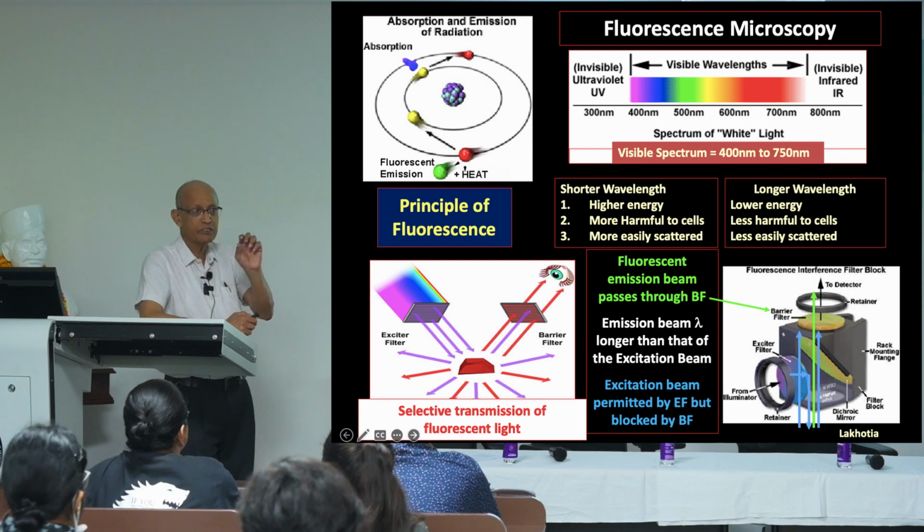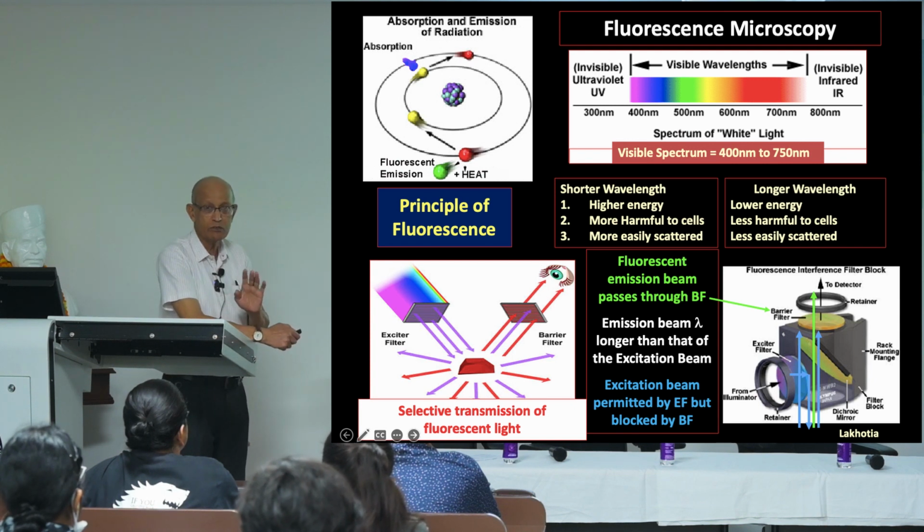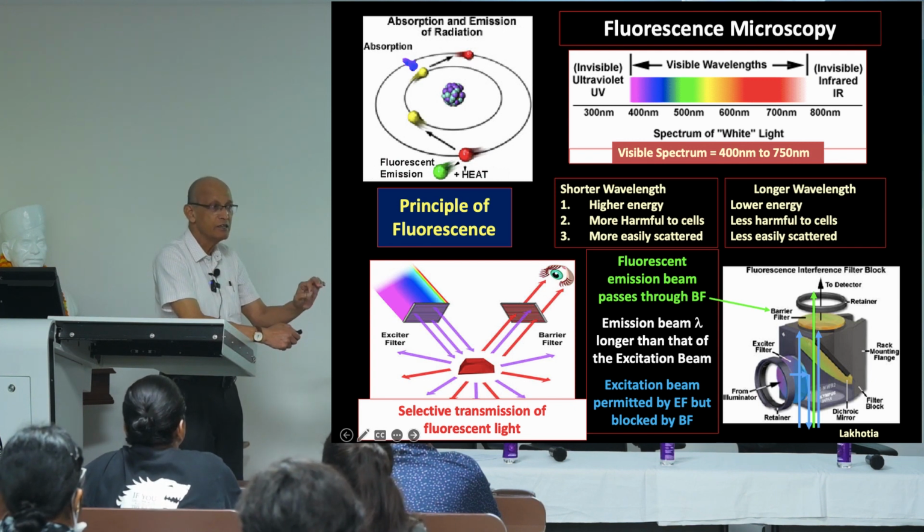If X amount of light was absorbed by the electron to come to the outer orbit, it must give out X amount of energy on going back. But if X minus some value goes as heat, then the energy for light becomes less.